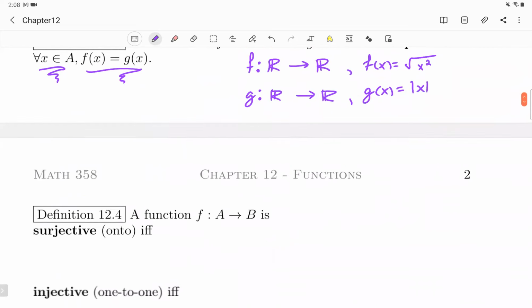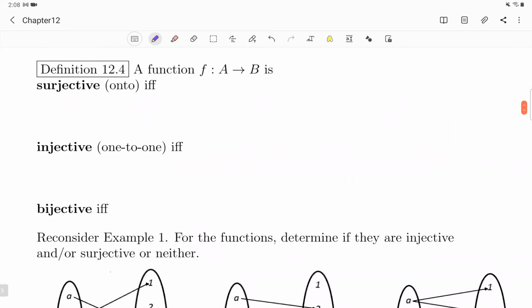So, here's what we want to focus on, and what your upper level math classes will have a lot of: these three words. Okay, so we're going to take them one by one.